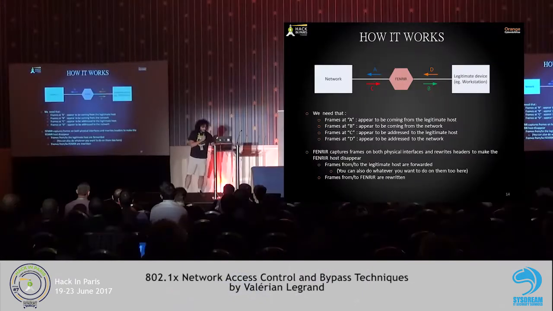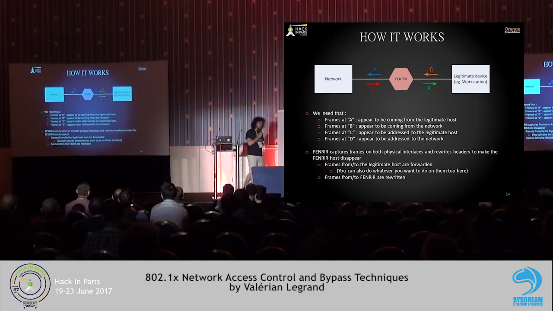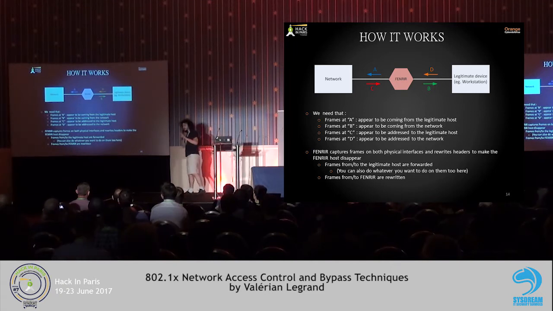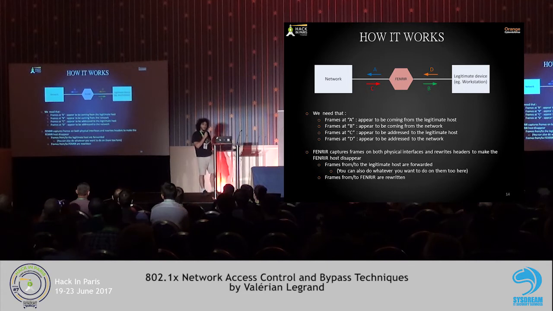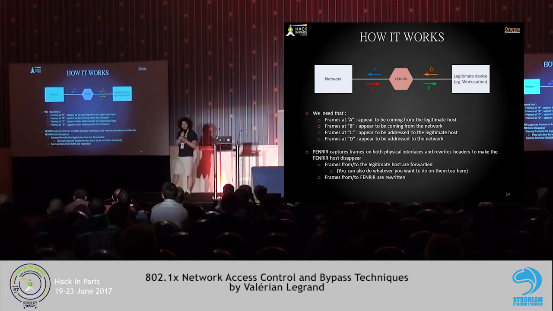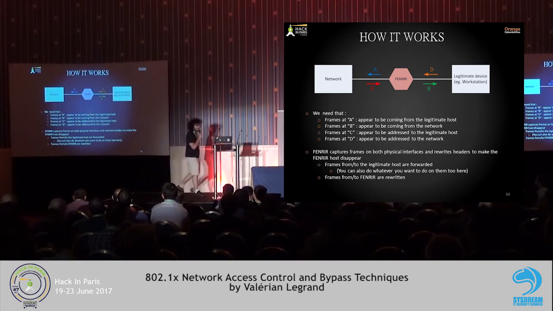So the goal with Fenrir, but also with Marvin and the scripts that we saw earlier, is still the same. To bypass .1x, you have to make sure that frames at A, B, C, and D appear to be coming from or going to the legitimate device. So the attacker's machine must not be seen on the network. There must not be an IP address or a MAC address sent on the wire that comes from the attacker's machine.